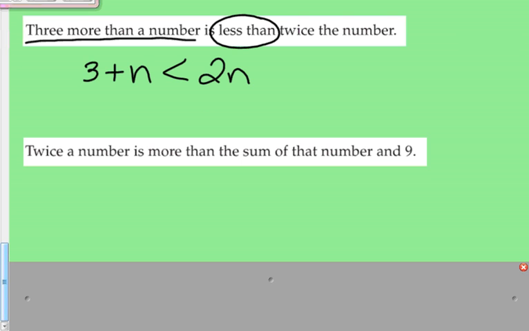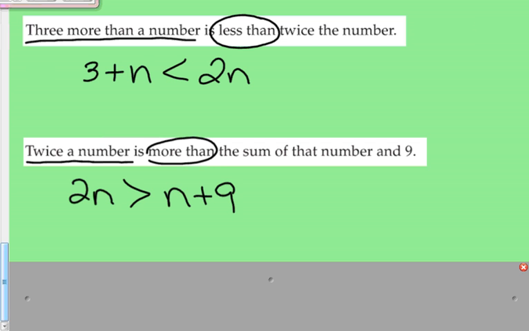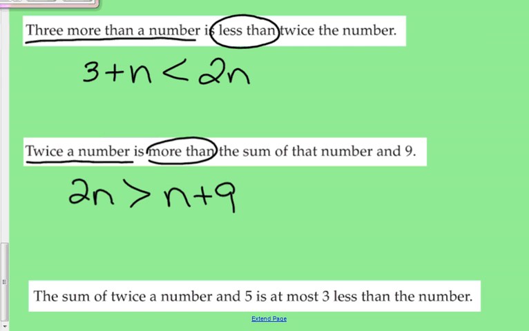Here's another one. Twice a number, which would be 2n, is more than, here we go, more than, so that's greater than, the sum of that number and 9. So that number and 9 would be adding for sum. And that's it there. And then we have one more.